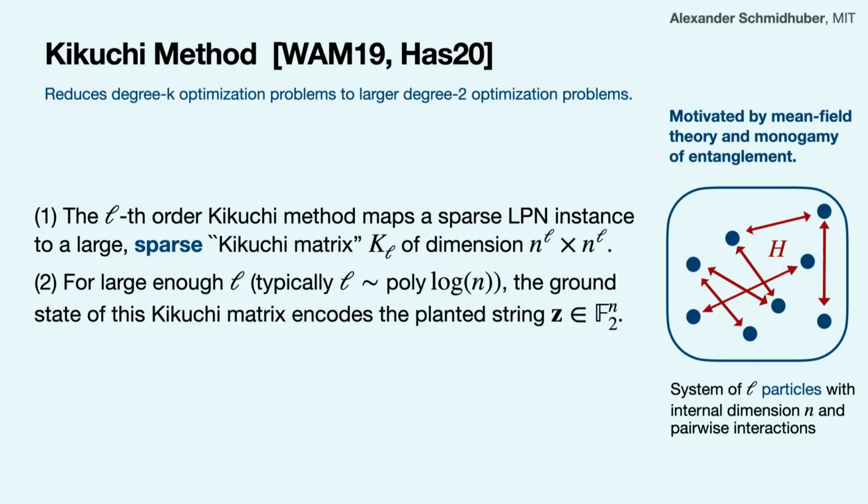It turns out the Kikuchi method has an interpretation as the mean field Hamiltonian of an L particle system. As you increase L, your system gets better and better described by mean field theory, meaning the correlations between the individual particles die out. And this, on a high level, is what allows you to encode this planted Z in the ground state. But I don't have time to get into this. If you have any questions about this, please ask me after the talk.